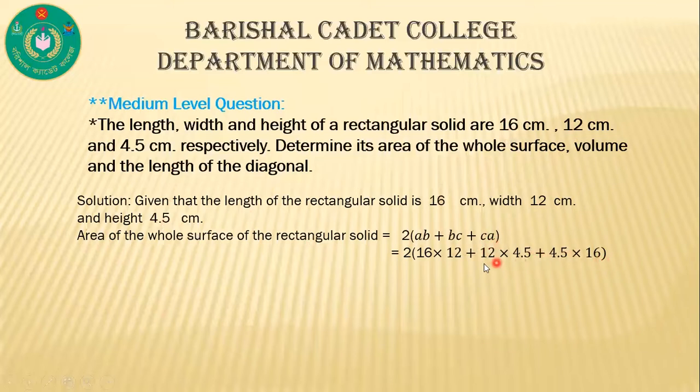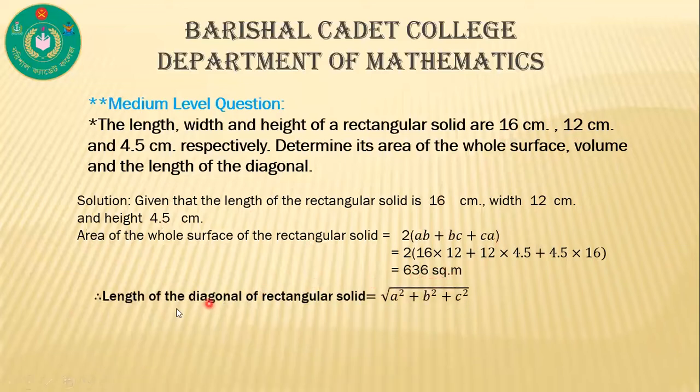Then calculating, we can write 636 square centimeter. Now find the volume and the length of the diagonal. We know the length of the diagonal of a rectangular solid is equal to root of a square plus b square plus c square.